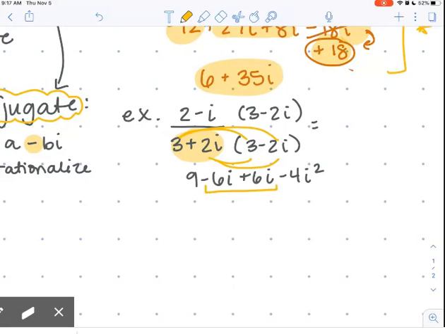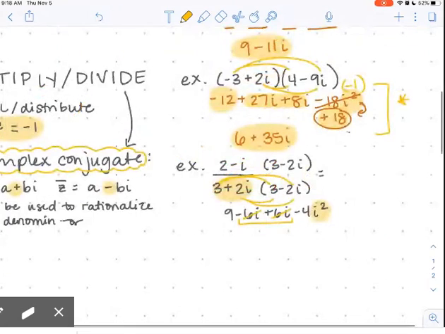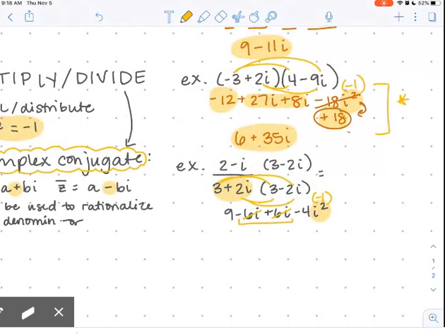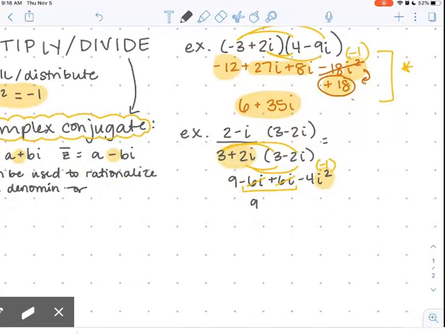What happened when I multiplied by the complex conjugate? I'm able to cancel out that imaginary part. And then it may seem like we still have an i, but remember i squared equals what? Just like we did up here, this is really a negative 1. So what I have here is 9, and then negative 4 times negative 1 is a positive 4. So I have 9 plus 4, which is 13 in the denominator.